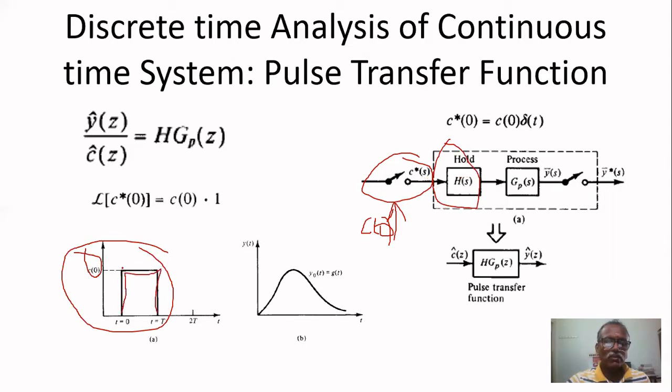This impulse is given at t equal to 0 and is converted into a rectangular pulse. If you give that rectangular pulse, this is the response of that system at the output. Here, if you notice, the input is given at t equal to 0, but the response extends beyond the first sample value, t equal to T.